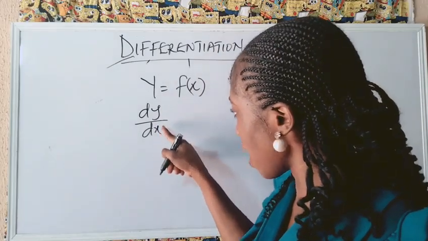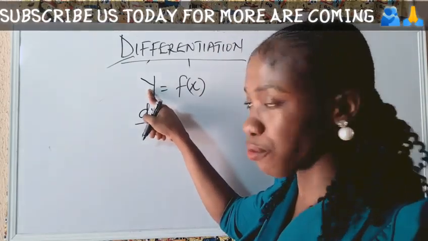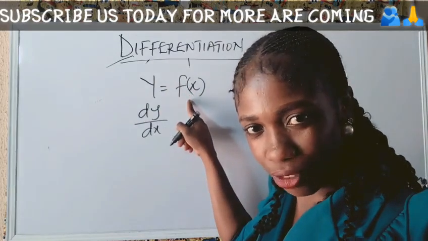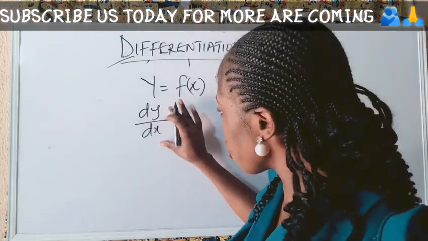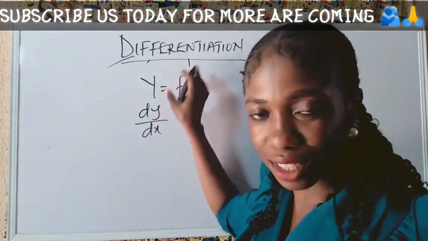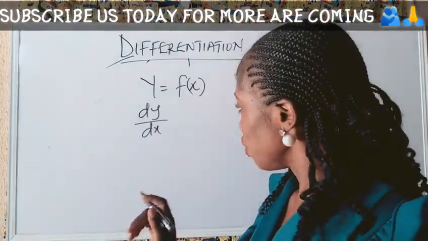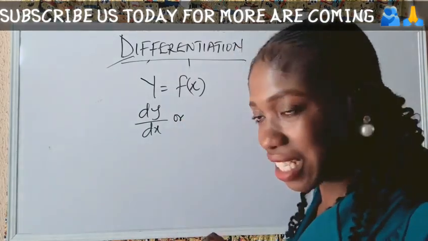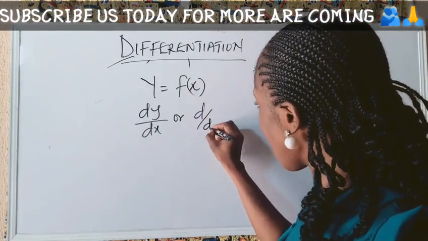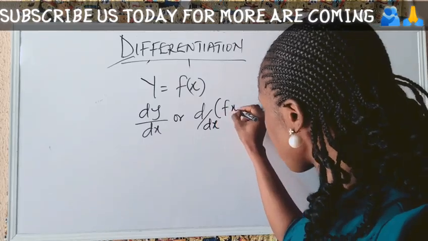This is read as dy dx because y is a function of x. So this is how you represent it if you are finding the derivative or the differentiation of this particular function. You can also represent it like this: d dx of f of x.